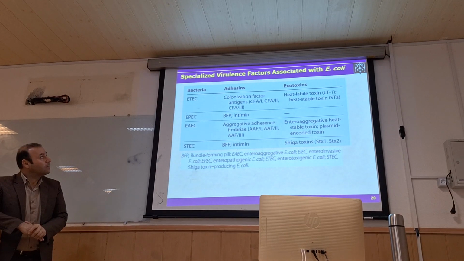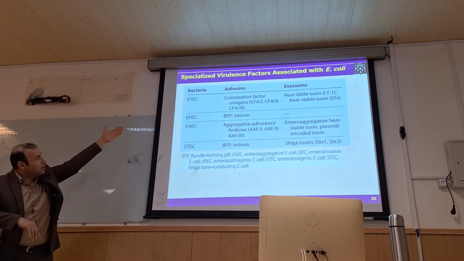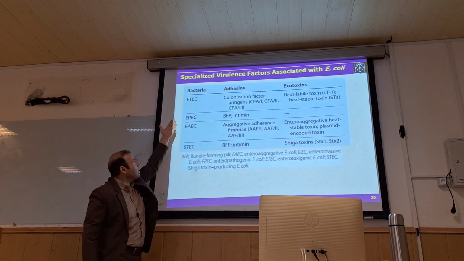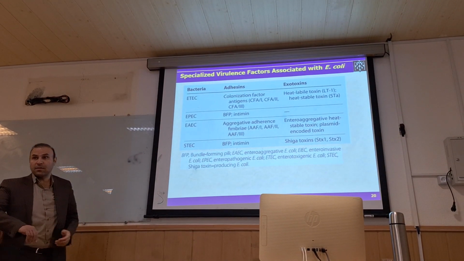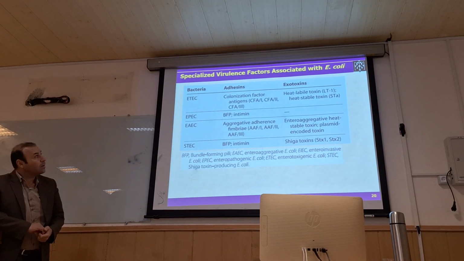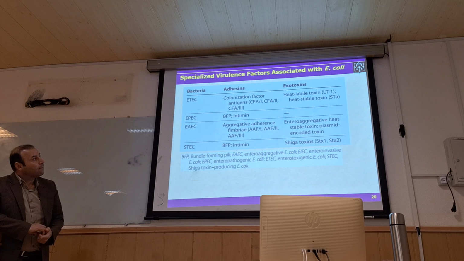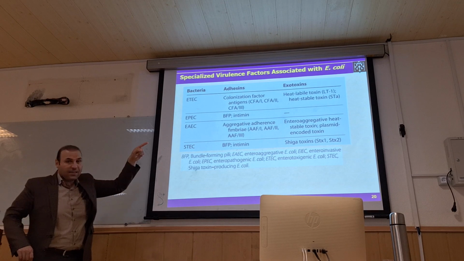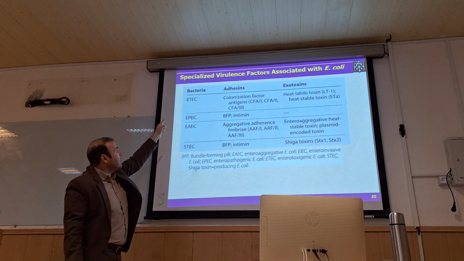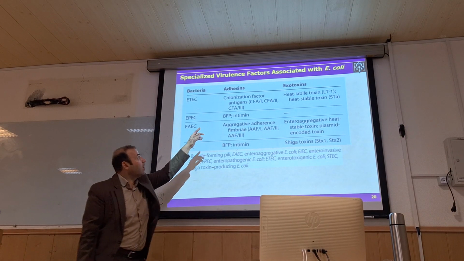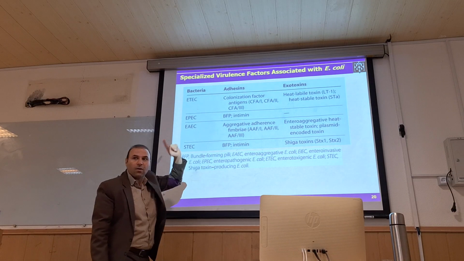In this slide you can see different groups of E. coli: STEC, EAEC, EPEC, and ETEC. For ETEC, the colonization factor antigens are colonization factor antigens 1, 2, and 3, which bind to the small intestine.